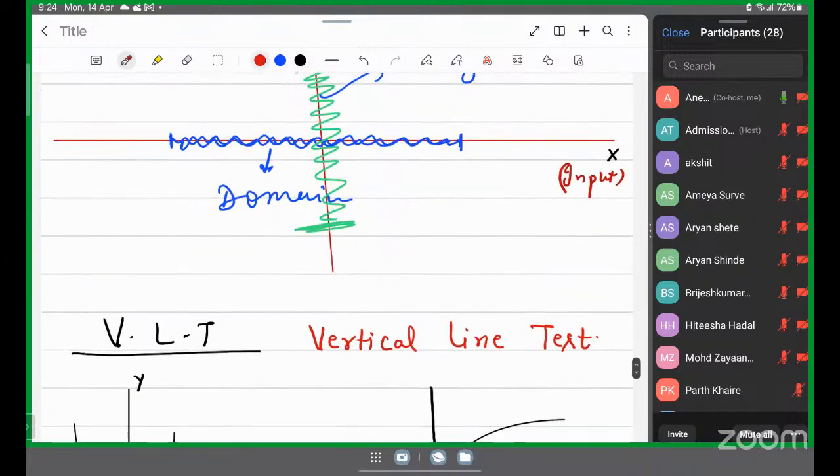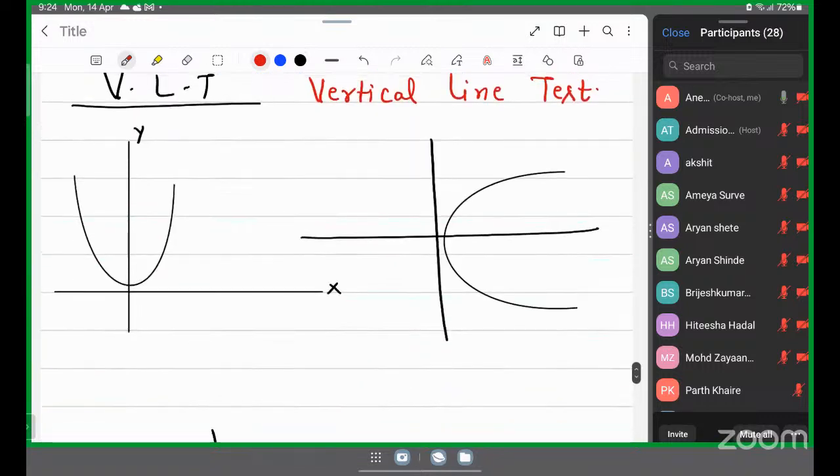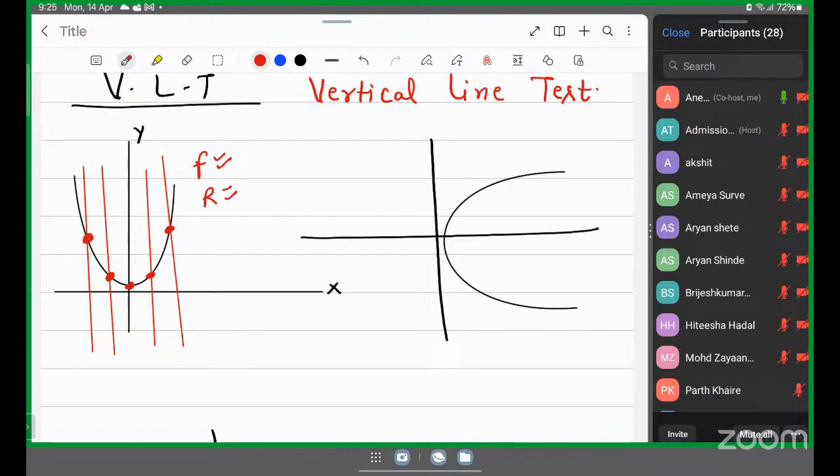So let's say for the first curve, if we plot a straight vertical line at different points on the curve, you will notice that one line cuts the curve at one and only one point. If it is cutting the curve at exactly one point, this will be a function. This is a relation also and a function also.